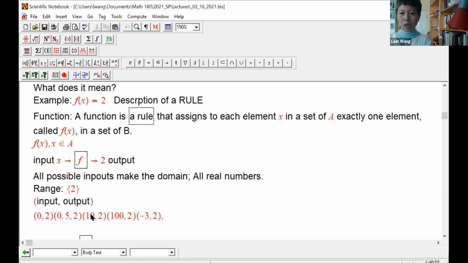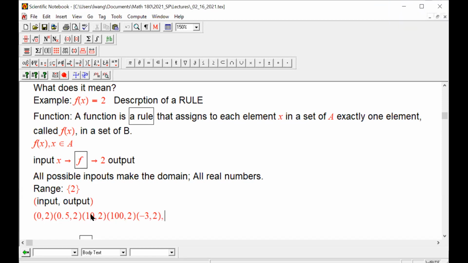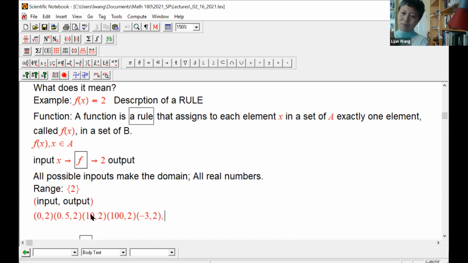What happens if you plot all these points in a rectangular system? What do you get? Are you guys plotting? A line. What kind of line? Horizontal. Perfect. That's a great answer. That's it. Right?